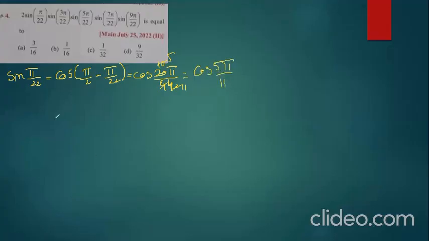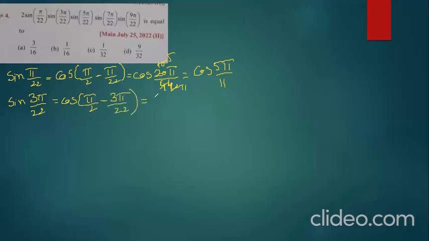In the same manner, let us take the other one, sine 3 pi by 22. Can I write this in the same manner? Cos of pi by 2 minus 3 pi by 22.